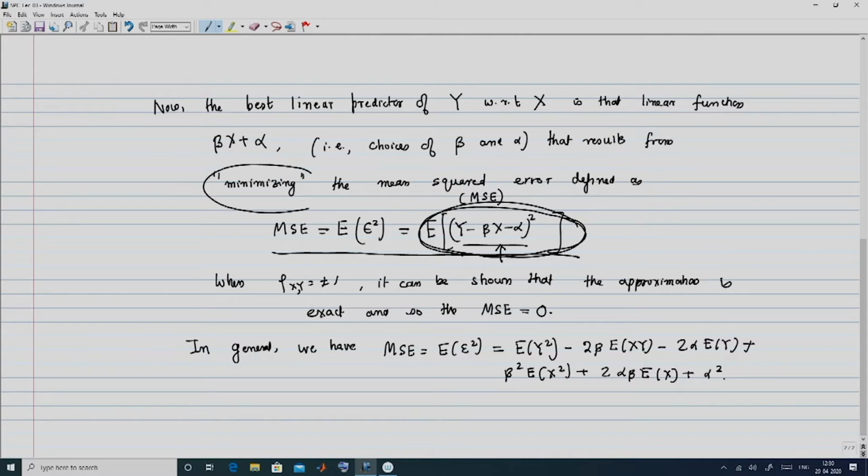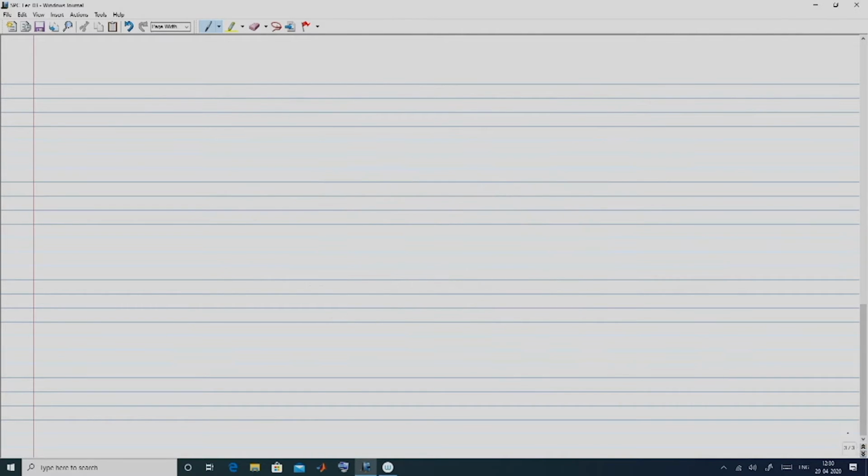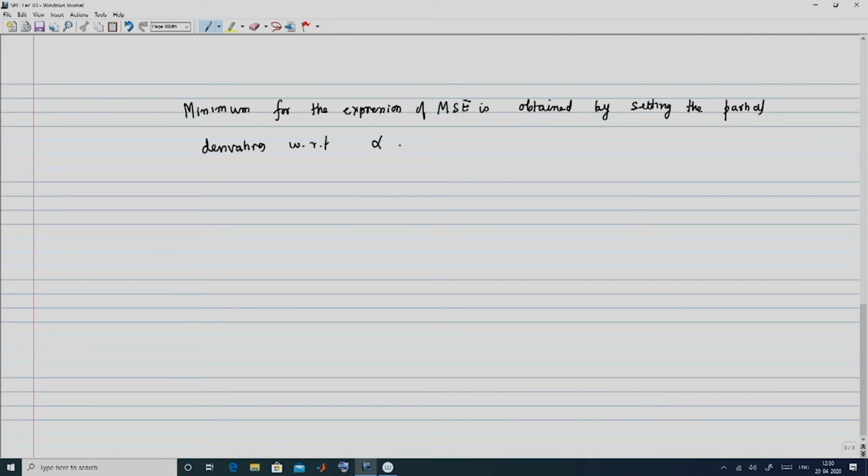And remember that our goal is basically to minimize the MSE. So accordingly, we make the observation that the minimum for the expression of the mean squared error is obtained, and remember that the terms that I want to obtain are beta and alpha, by setting the partial derivatives with respect to alpha and beta equal to 0, since the optimization is done with respect to alpha and beta.